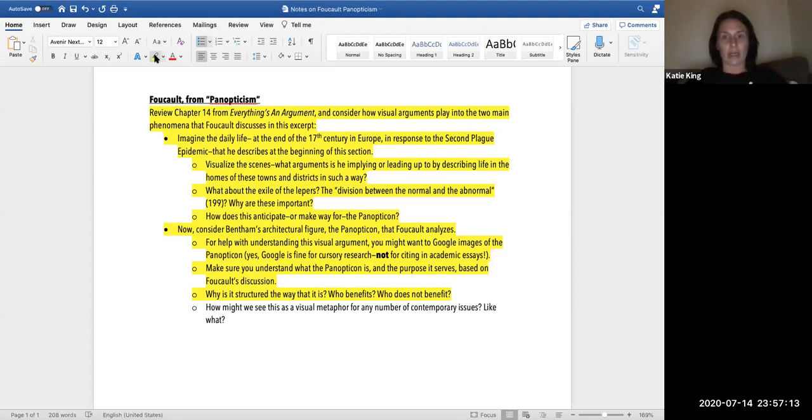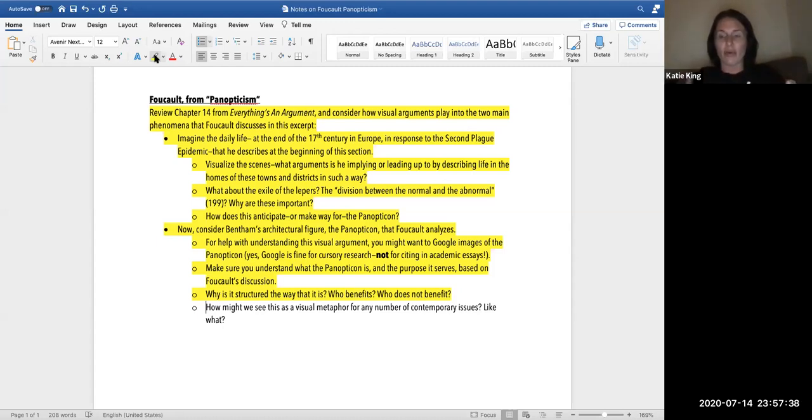And who is benefiting? And lastly, and this is the most important one, and I want your brains to go bananas with this question. If this panopticon that Foucault's talking about is a visual metaphor, a visual argument for what we see in society since then, since the late 17th century, what is it a metaphor for?